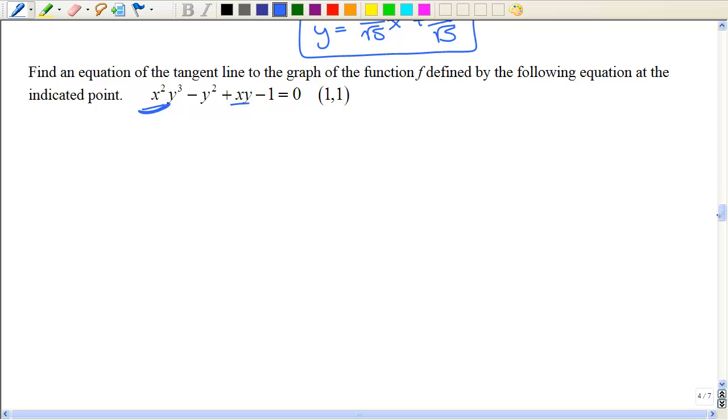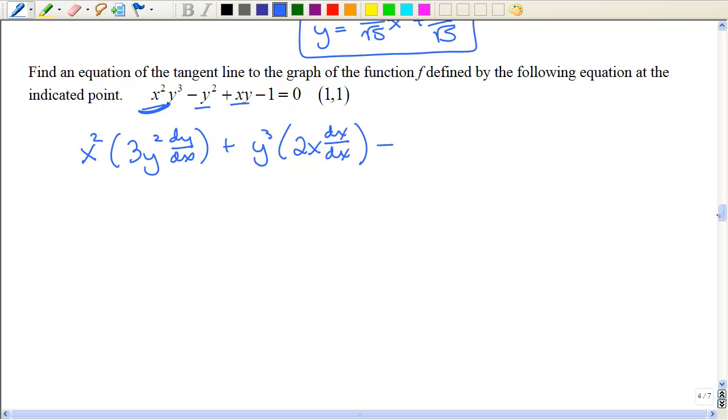Really helps if you say it. All right, so the first times the derivative of the second plus the second times the derivative of the first. All right, now I'm going to go to the next one, so that's just minus 2y dy dx.